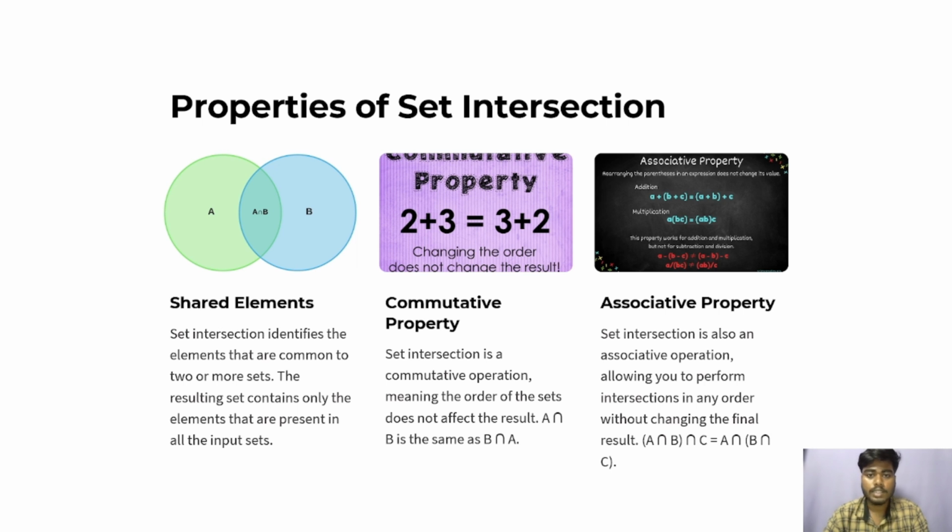Thus, the resultant set contains only the elements that are present in all the input sets, as shown in the first figure. These are two sets, set A and set B. In the set intersection region, you can see elements of both set A and B.